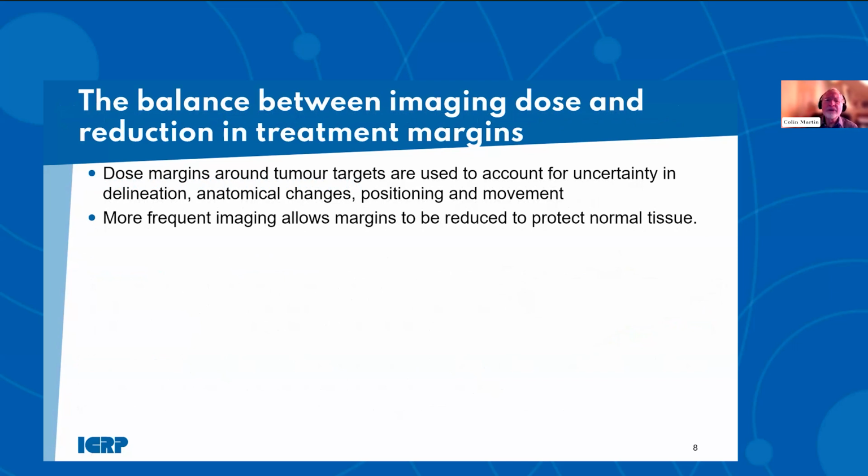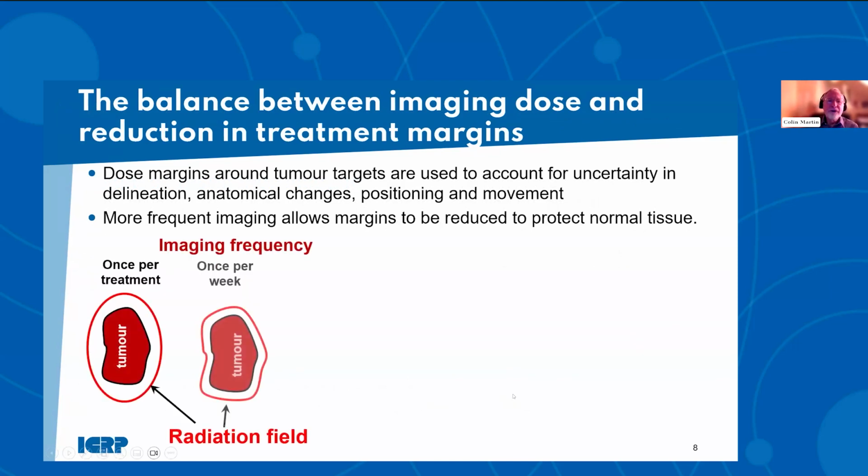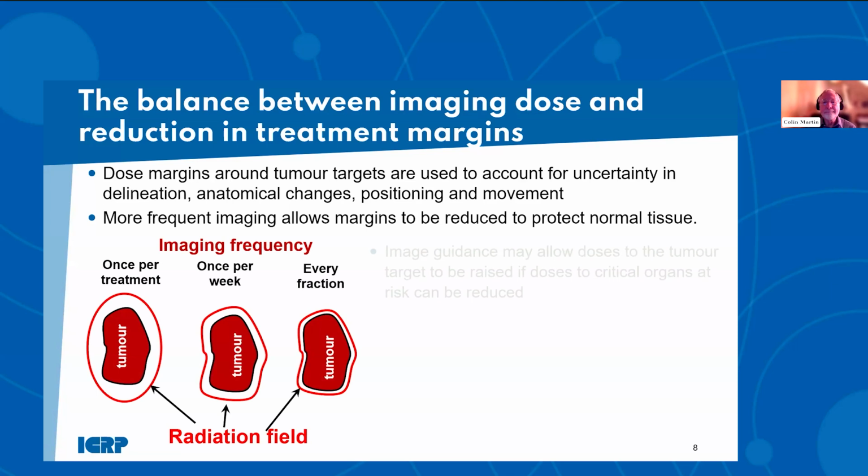Now, dose margins around tumor targets are used to account for uncertainty in delineation, anatomical changes, positioning, and movement. More frequent imaging allows these margins to be reduced to protect normal tissue. So image guidance may allow doses to the tumor target to be raised if doses to critical organs at risk can be reduced.